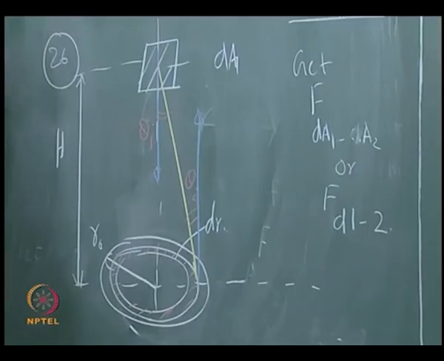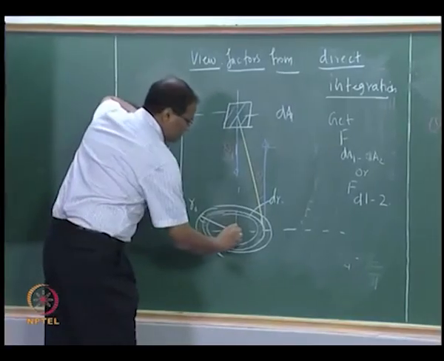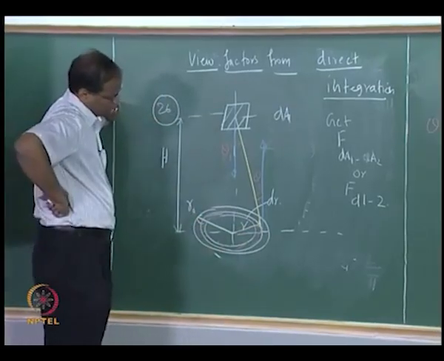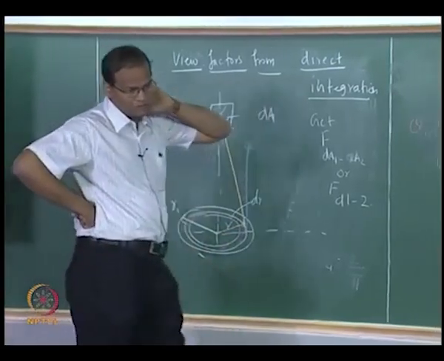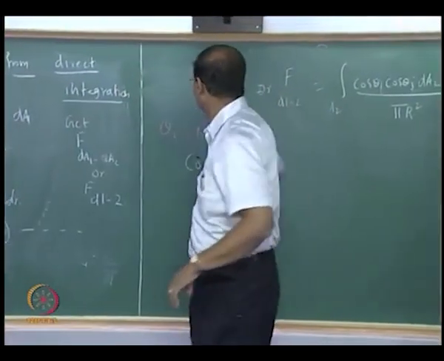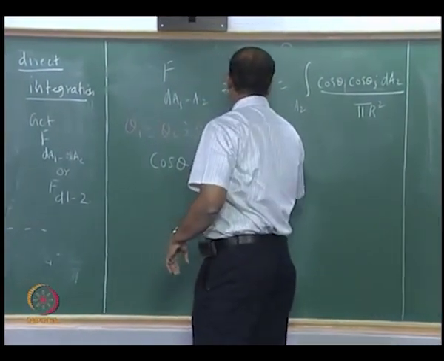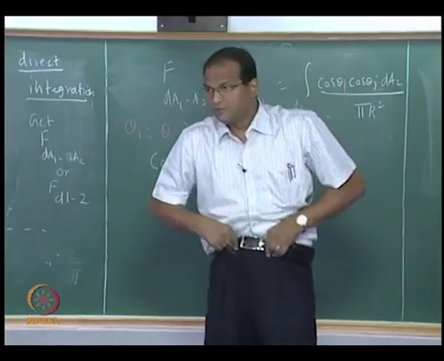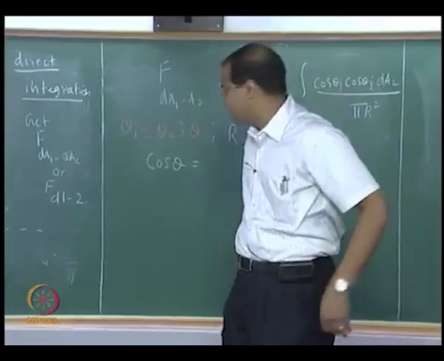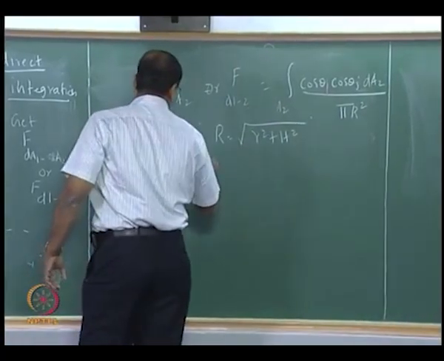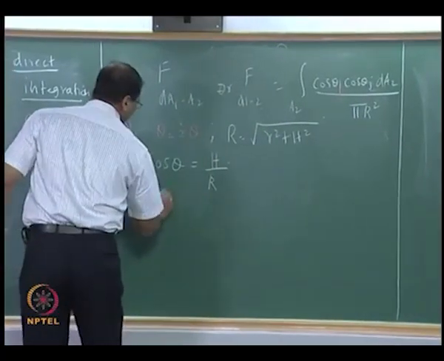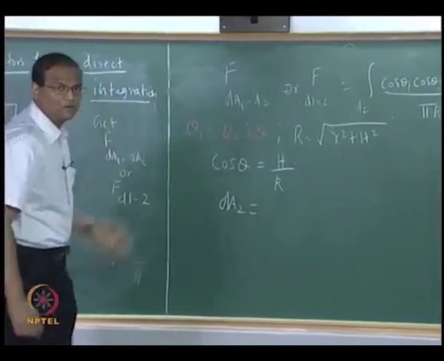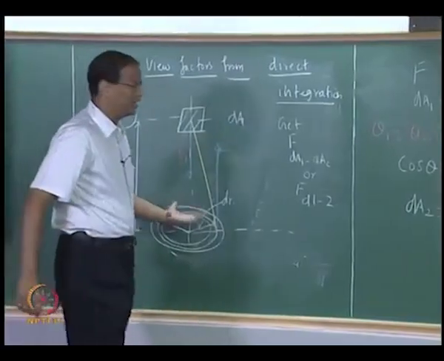Cos theta equal to h by capital R, very good. dA2 equal to 2 pi r dr, very good.